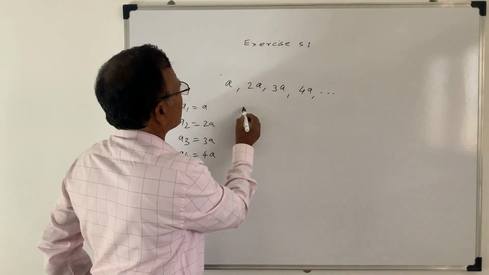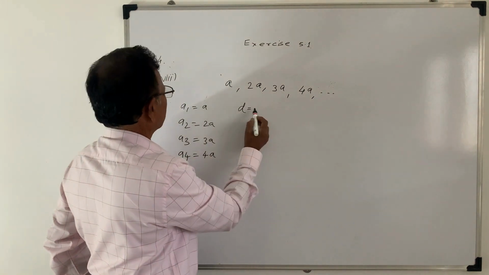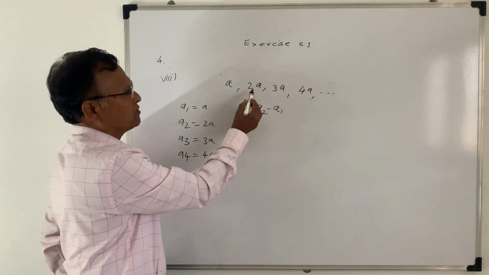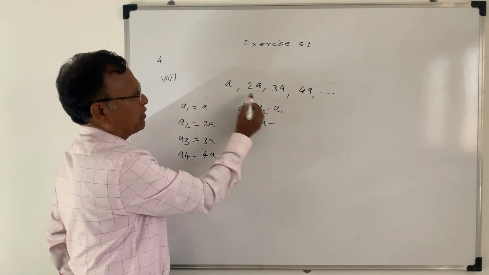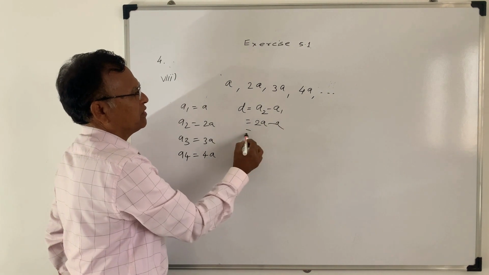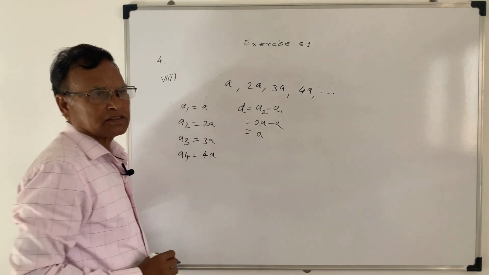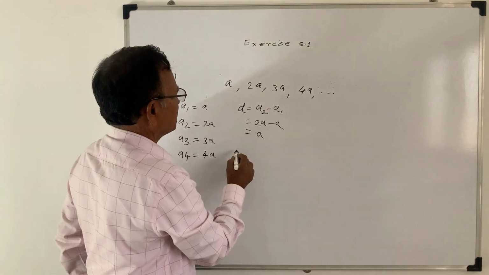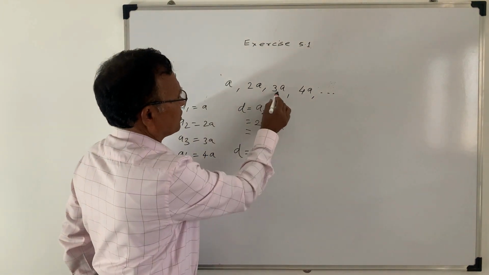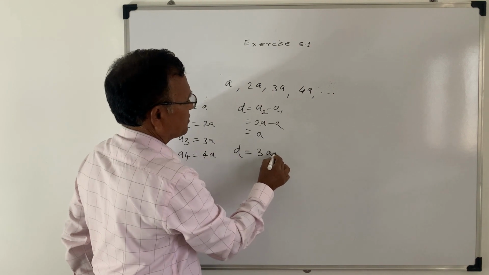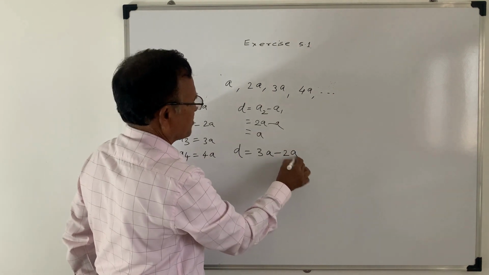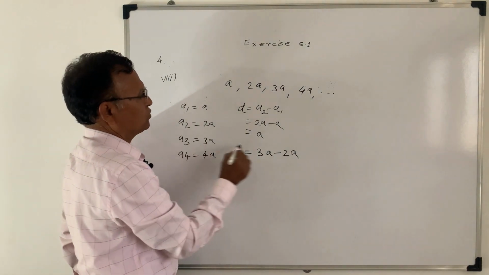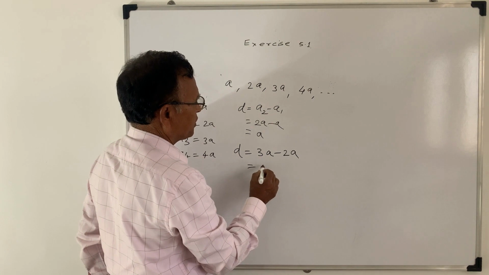You see common difference D you have to calculate, a2 minus a1. So a2 is 2a, a1 is a, 2a minus a, that is a. Similarly, you can take the other one, 3a minus 2a, that is a3 minus a2, so it will be also a.